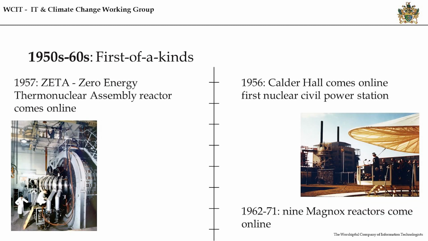So following that, we come to the kind of first of a kind reactors. So from a fission perspective, our first commercial nuclear reactor was Calder Hall up in West Cumbria. So that came online in 1956, a mere 18 years after fission was discovered, and the actual reactor was built within 3 years. So a tremendous engineering effort. This was one of 9 Magnox reactors to be built over the next sort of 15, 20 years.